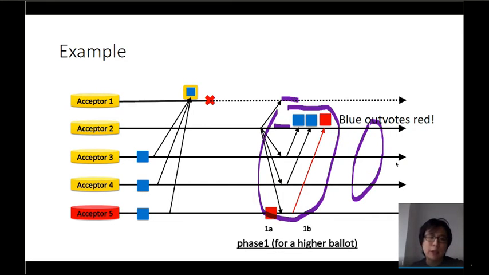In this case you cannot make progress because there are not enough real acceptors in the system. But if you guarantee that there will be enough real acceptors in the system, and all the messages will eventually be delivered, then with those assumptions, you can make progress eventually.